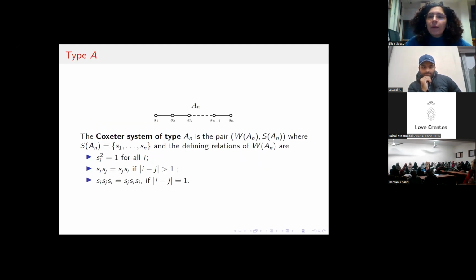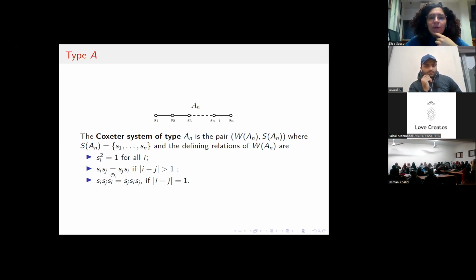Now, I talked to you about the general Coxeter systems. Now we will focus on the particular type A of Coxeter system. The graph is the one that you already saw in the previous slide. And let me make explicit what the Coxeter system type A is. Again, we have the pair. The set S is made by S1, S2, up to Sn, the generators that are also called reflections. So we already see that every reflection to the square is equal to the identity.